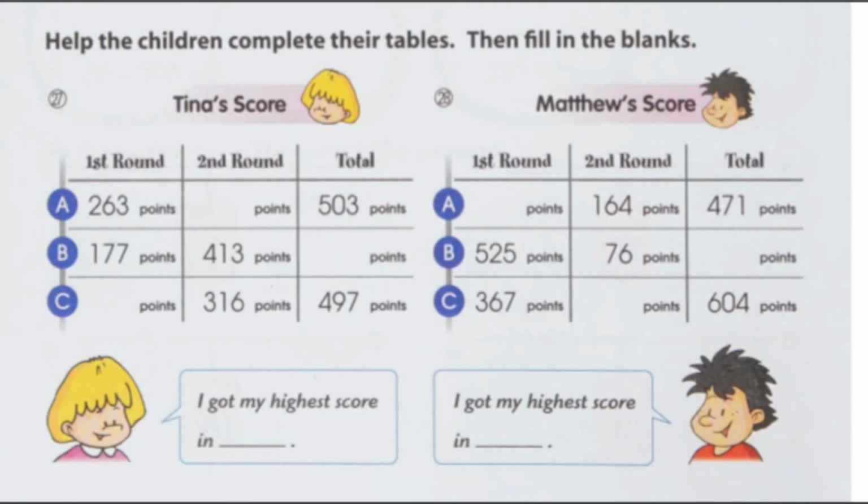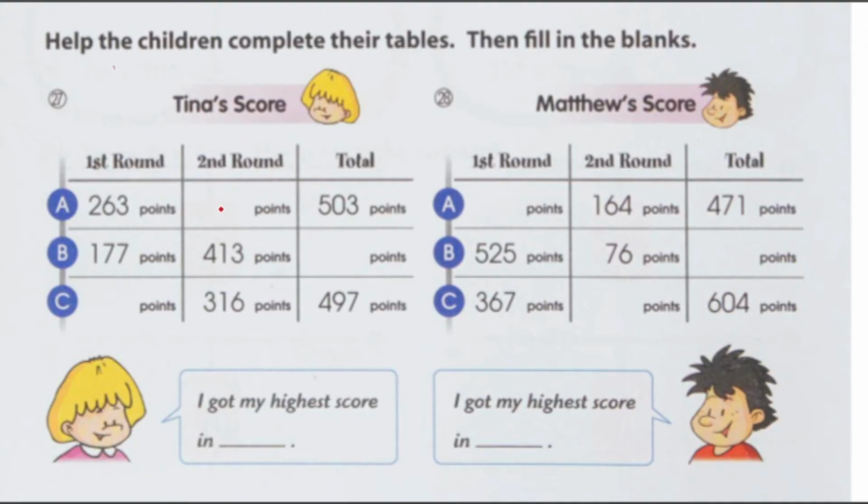Well, in this case, the same theory which we have learned in earlier questions will be applied. If two numbers are there and this is the sum, so if we want to find any one of these two numbers, we have to subtract the other one from this total.